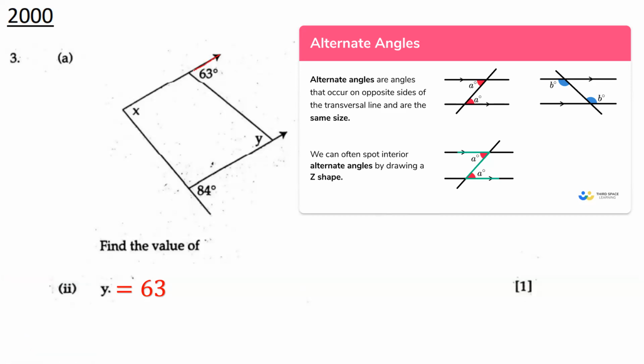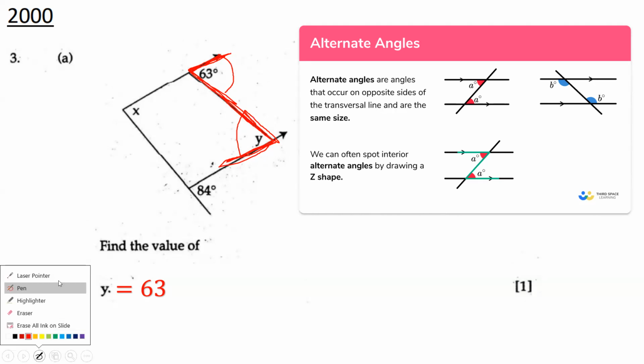This is the beginning part of the Z, this comes down, and this comes this way. So that means Y and 63 are equal in measure, because alternate angles are equal. If that one is 63, then this one, Y, is 63 as well.